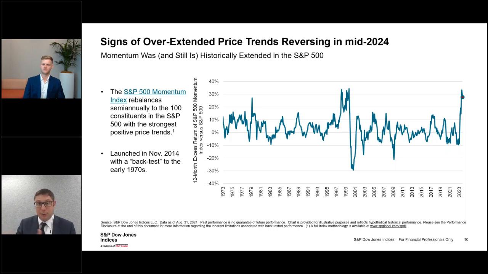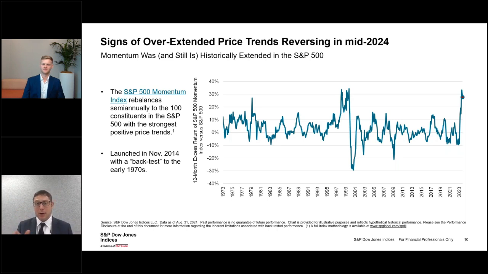Not all of them do, but momentum works or has worked historically. That's why this 12-month trailing return series you see tends to be above zero. But momentum also has periods of really strong performance that tend to be followed by sharp reversals. So the trend is your friend until it isn't, is essentially a message that you might take from this chart.